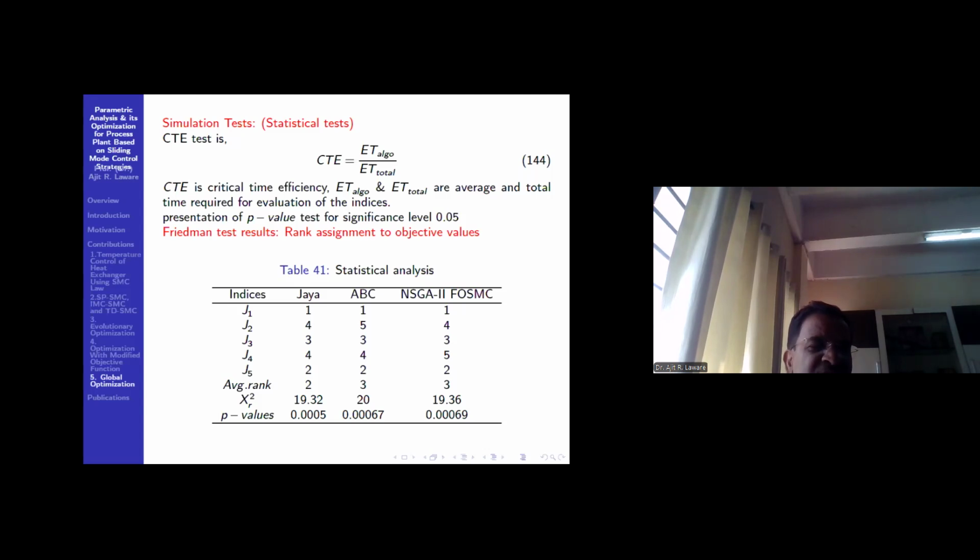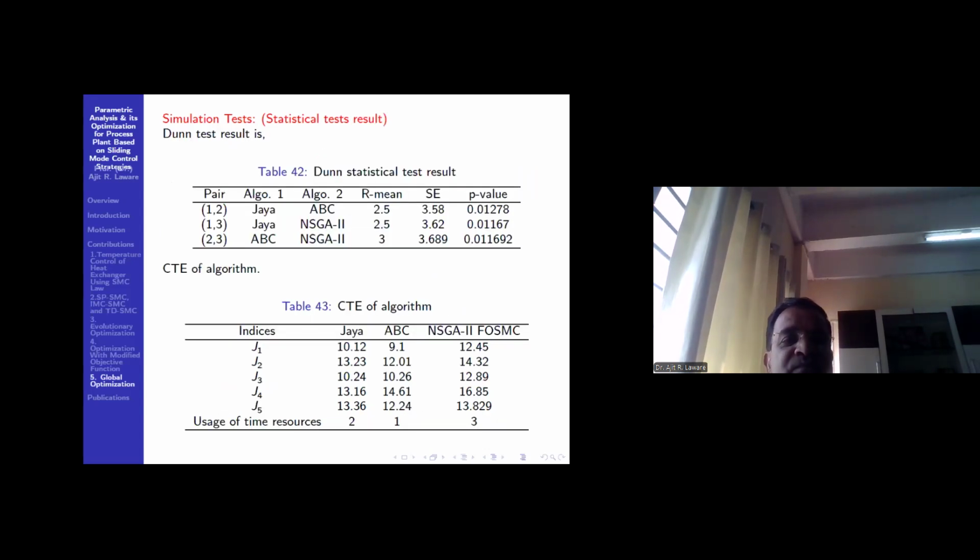So all these tests, the Friedman test, Dunn's test, are statistical tests. Then Dunn's test: for this test, actually pairing of algorithms is concerned. So if you observe Jaya-ABC, Jaya-NSGA2, ABC-NSGA2, the p-value, standard error, and R mean value are there.